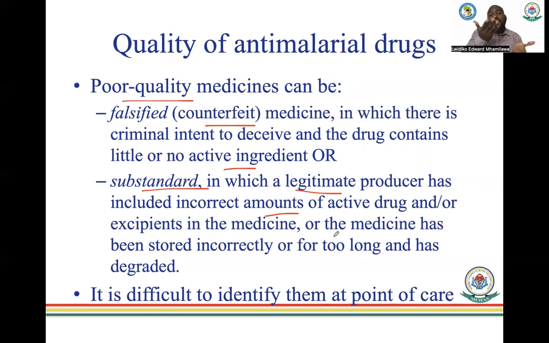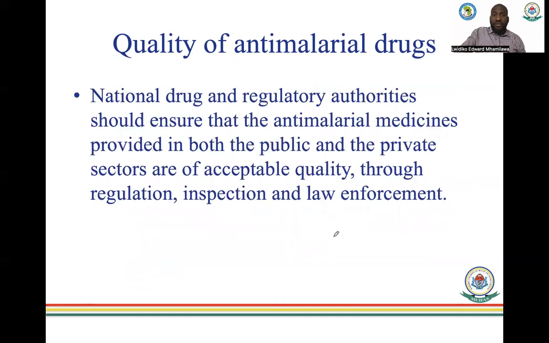And identifying counterfeit drug versus substandard drugs might be very difficult to distinguish at the point of care. So this is another context that is important to take note of.